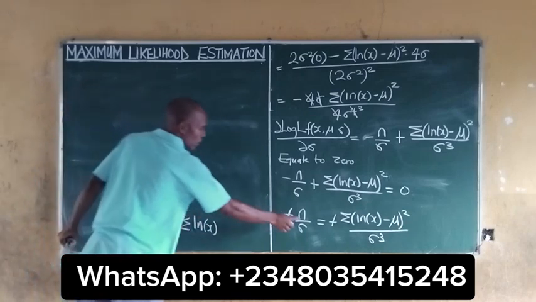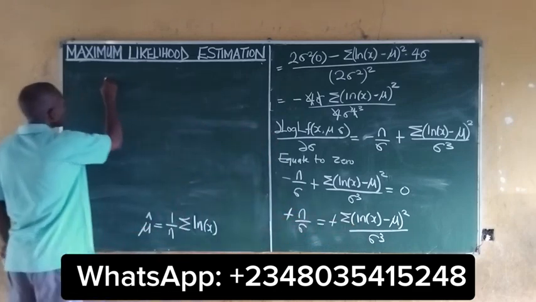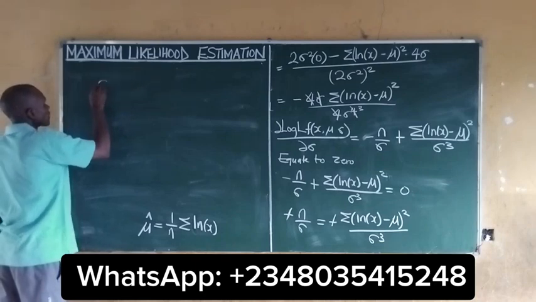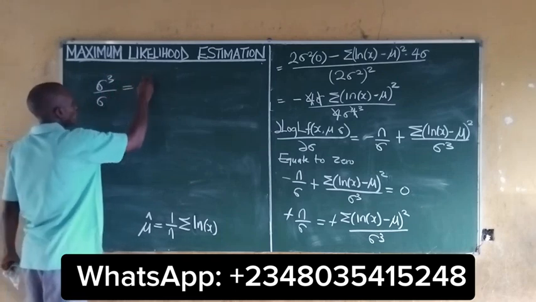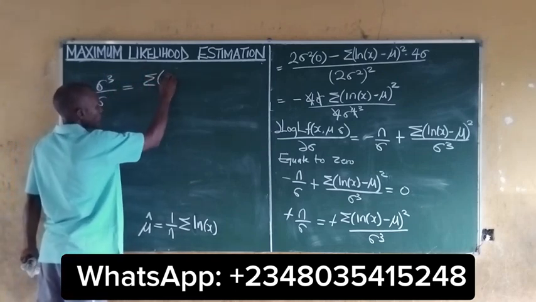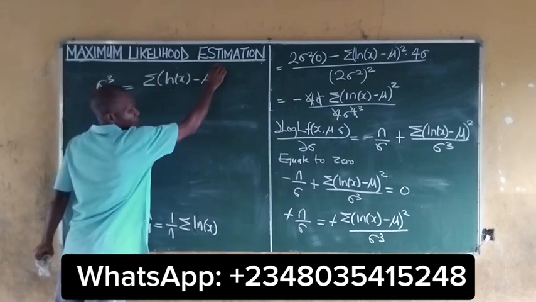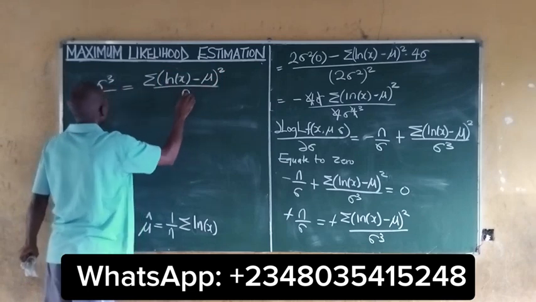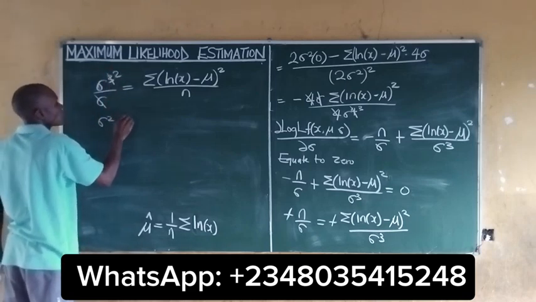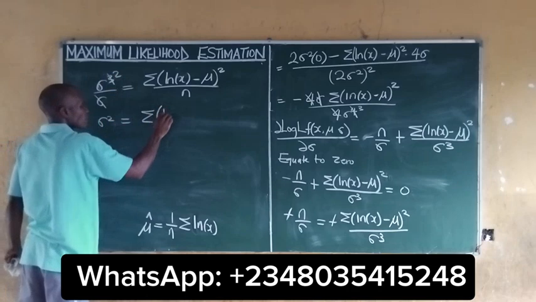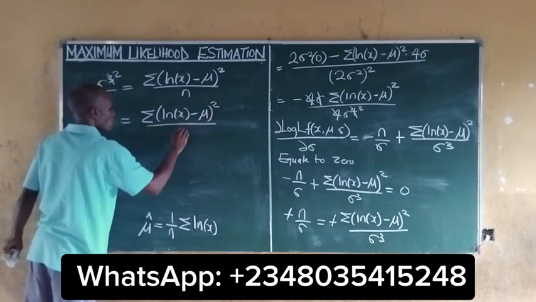Also, since we have this and this can come over here, while this goes over to the other side, we can have sigma cubed all over sigma equal to summation of (x minus mu) raised to the power of 2 all over n. Of course, this will cancel this to give us the square. So we have sigma squared equal to summation of (x minus mu) raised to the power of 2 all over n.